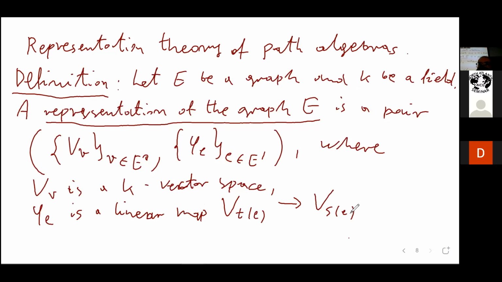And that's all. I'm just telling you the domain and the codomain. Any homomorphism is fine. Zero is also a homomorphism. Okay. So this defines a representation of the graph E.